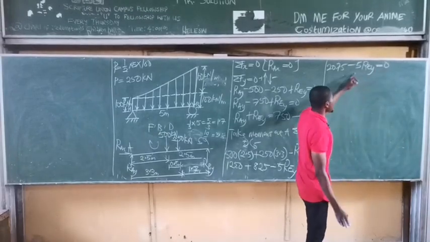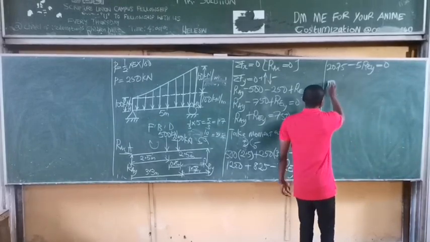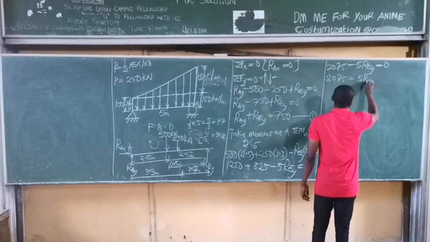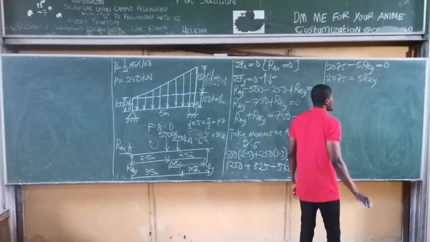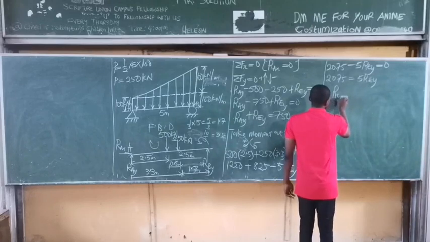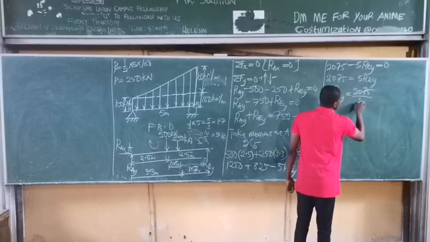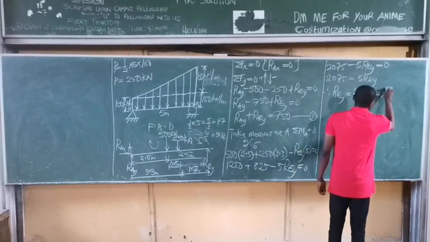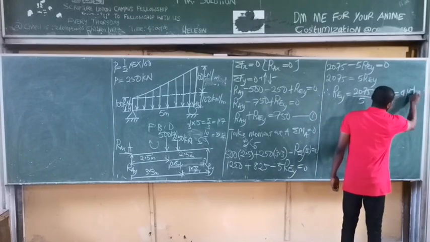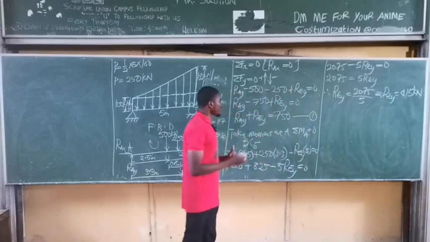So we send minus 5 REY over here. The negative sign crosses and the equal sign becomes positive. We simply have 2075 is equal to 5 REY. So we make REY subject by dividing through by 5. Therefore, REY is now 2075 divided by 5. Please give me this value. It's simply 415 kilonewtons.